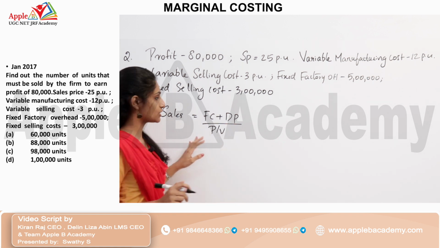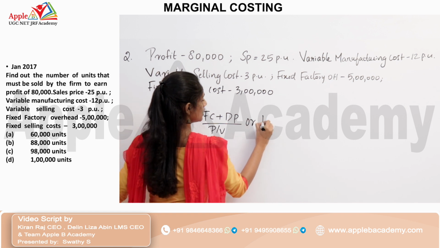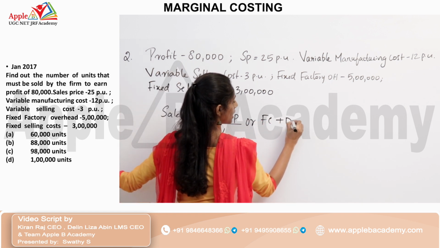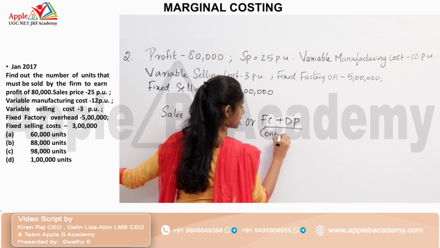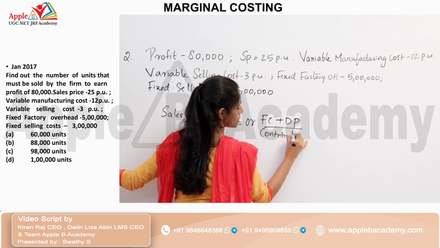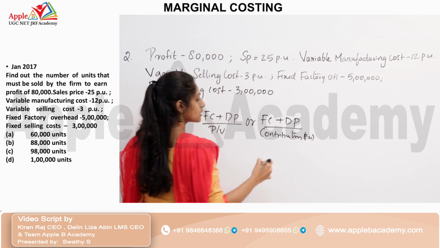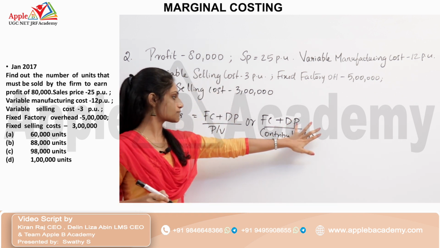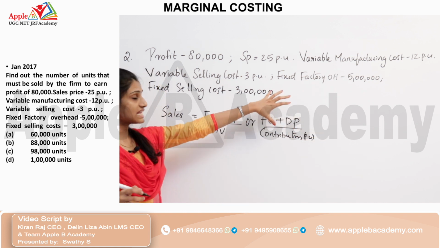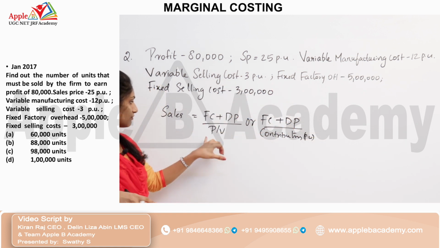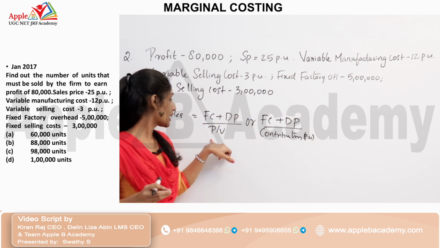But in our question, the number of units is asked, so you need to calculate in units. So you have to divide by contribution. Fixed cost plus desired profit divided by contribution will give you sales in number of units. If you are using PV ratio, you will get it in amount.